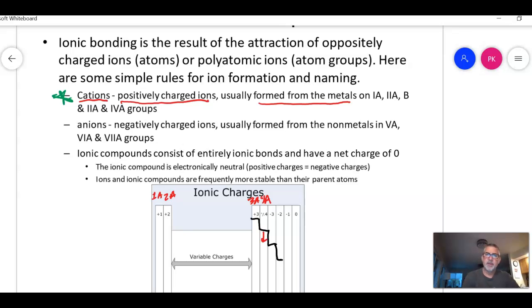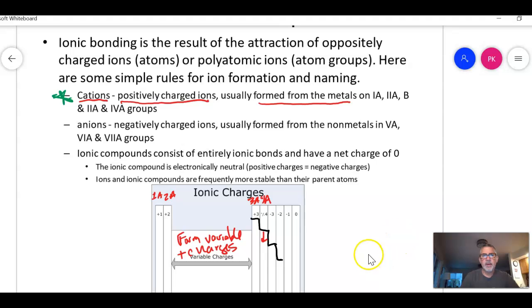So only metals. And then we have some special metals here, and then all of these metals. These form variable positive charges, or transition metals.